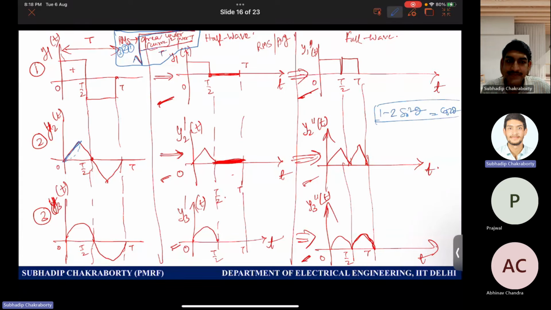So what will be the range? 1 minus cos 2 theta by 2. It will be between 0 and 1, right? Positive, because it is the square of sine. So the range will be between 0 and 1 with twice the frequency.